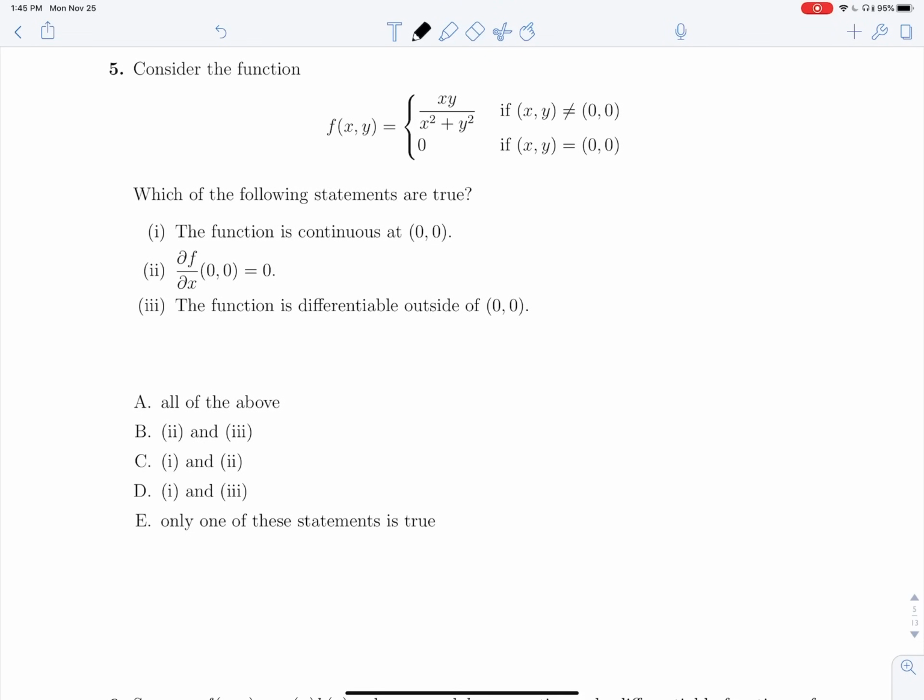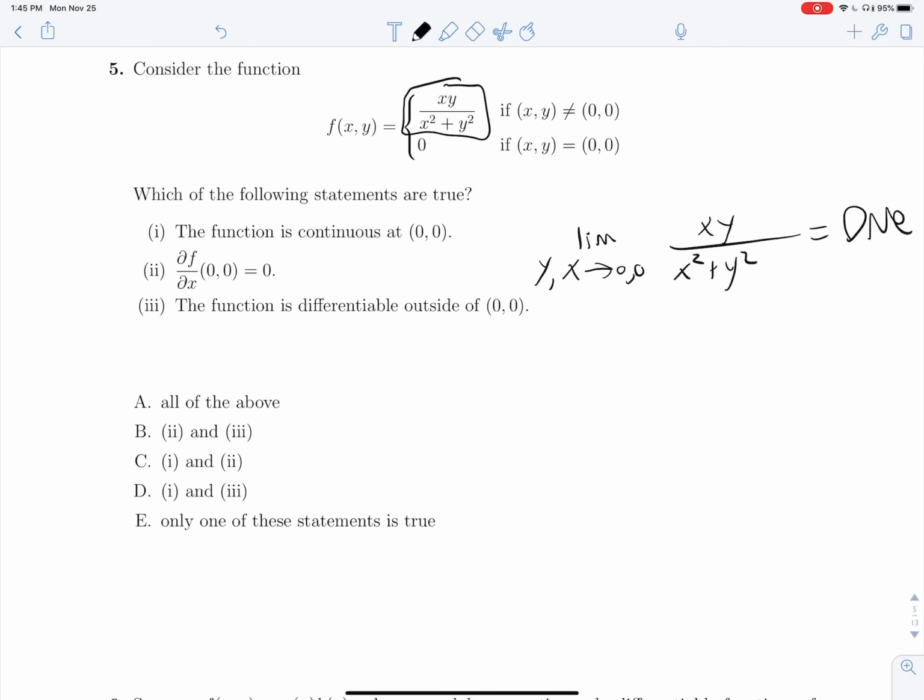Okay, so really this is a limits question in disguise, and we'll see why in a sec, because in order to prove that the function is not continuous at 0, 0, we need to prove through the two-path test that the limit as x and y approach 0 of xy over x squared plus y squared, we need to prove that this does not exist.